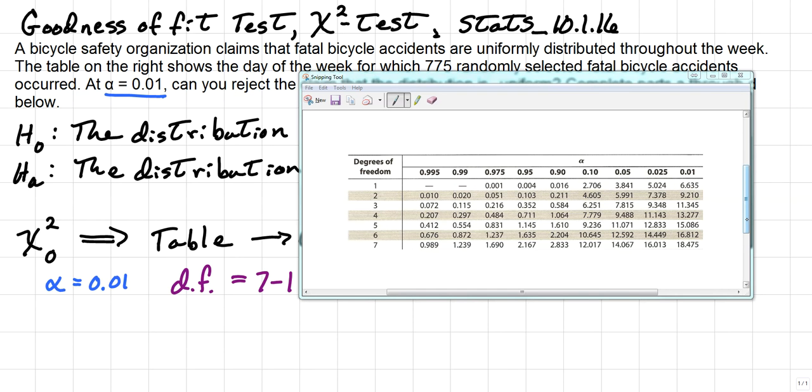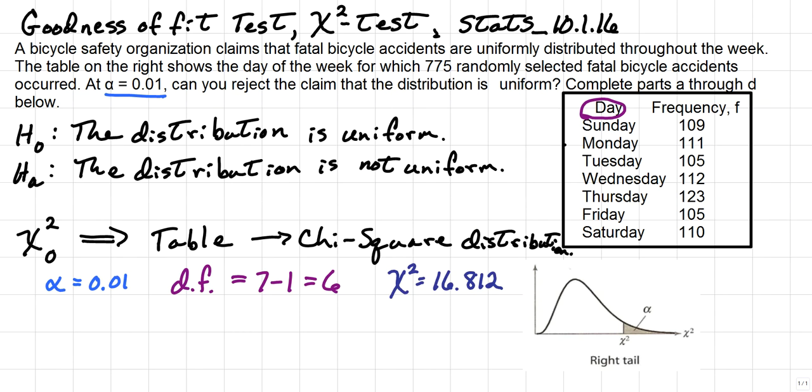Alright, so here's a snapshot from the chi-square distribution. Remember that we are looking at degrees of freedom being 6 and a 0.01 significance level. Therefore, our critical value is 16.812.